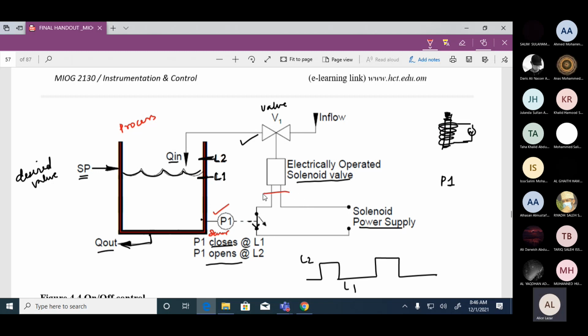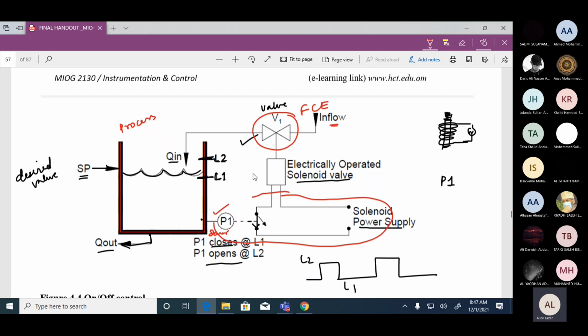This whole arrangement becomes the controller because it is taking a decision to switch on and switch off. So this becomes your controller and this device becomes the final control element, because it is taking the instruction from the controller and either opening or closing and allowing the flow to come into the tank.